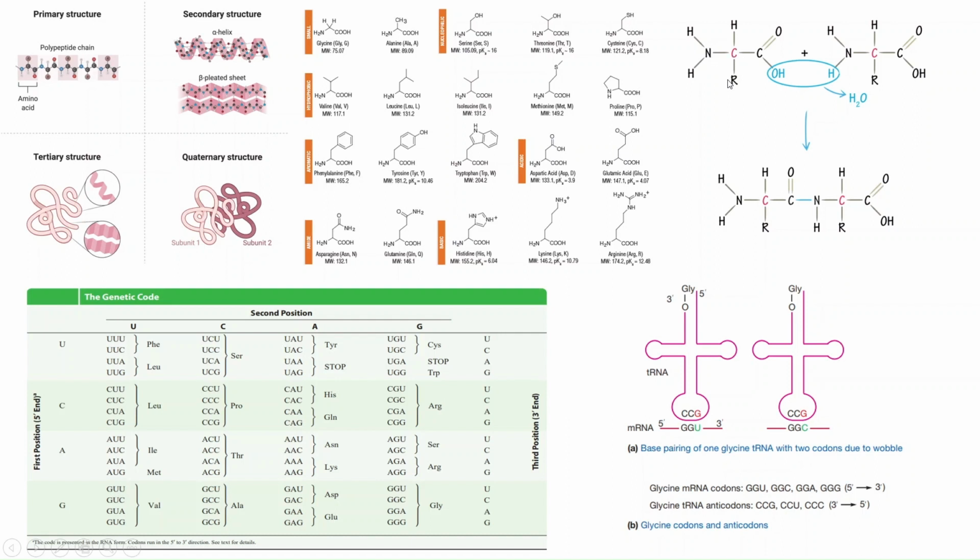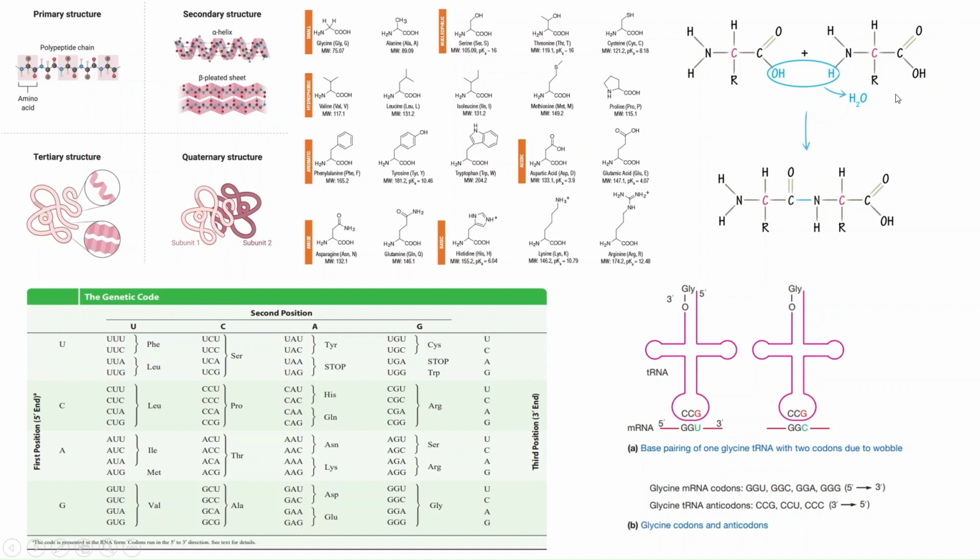So we call it amino acid because it contains one amine group as well as one acid group. And this R can be replaced by many different things. By replacing this R with different chemical groups, you get all these amino acid structures here.